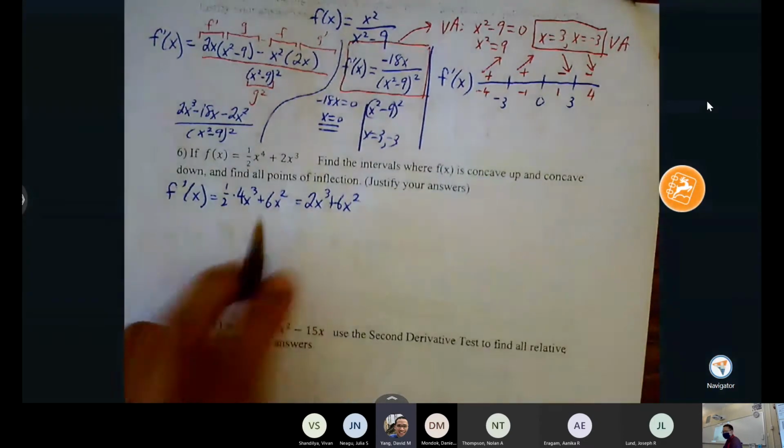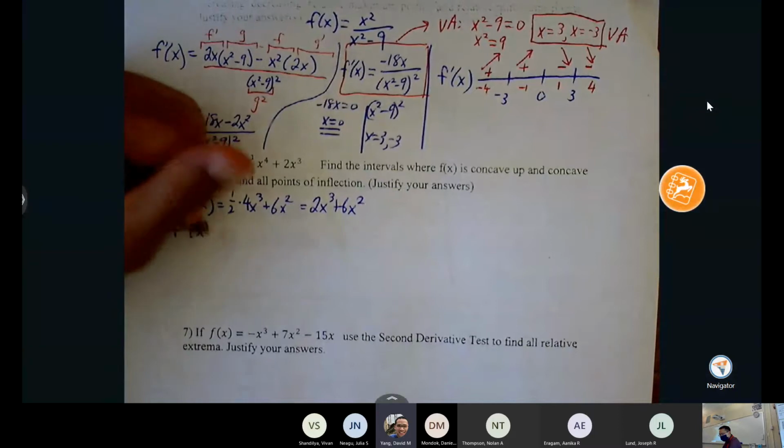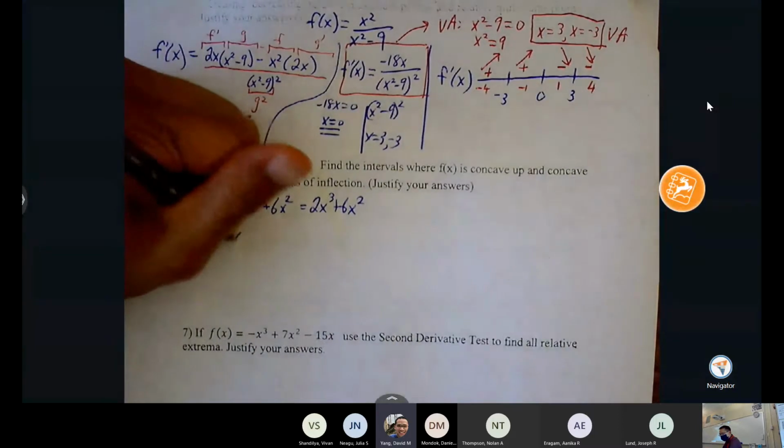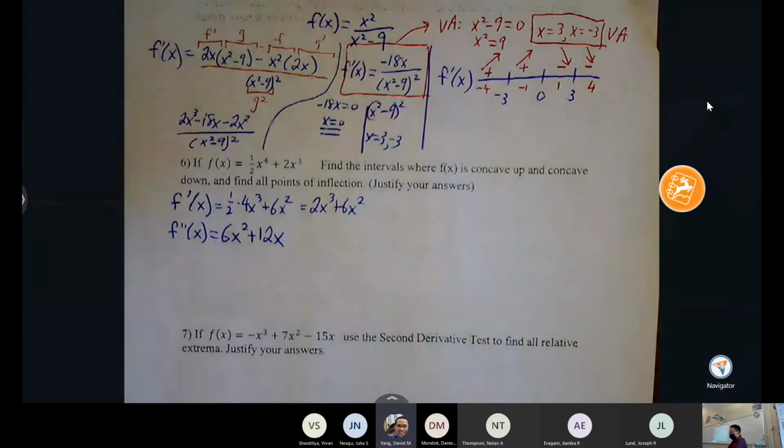All right, second derivative. Okay. All right, now we can set this equal to 0, right?